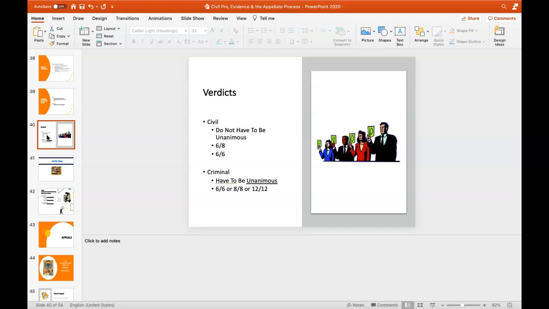For example, 6 out of 8 in favor of the plaintiff meets the burden of proof. In a criminal case, verdicts have to be unanimous. So if the jury is a panel of 6, all 6 jurors have to decide, or a panel of 8, it has to be all 8, or a panel of 12 jurors, all 12 must decide.